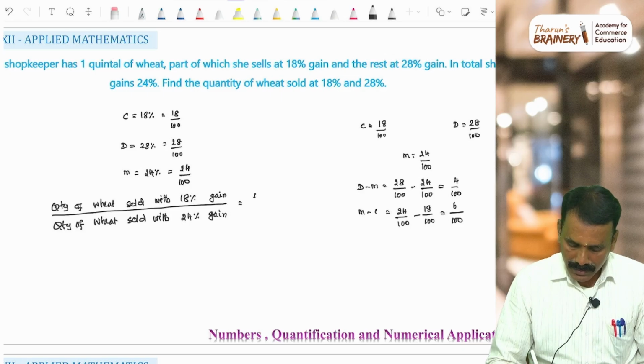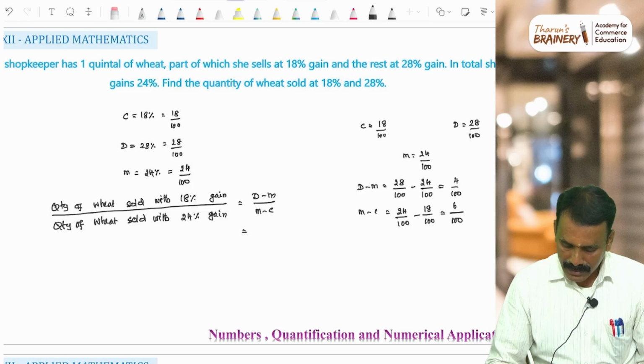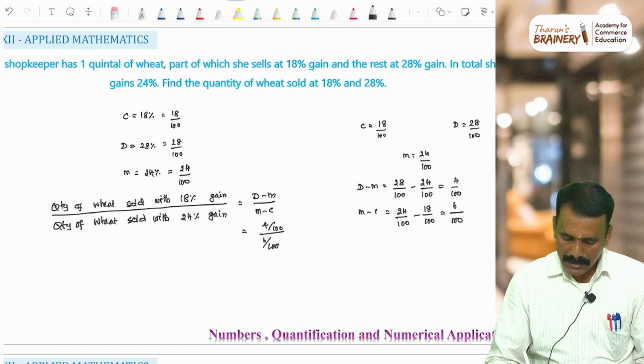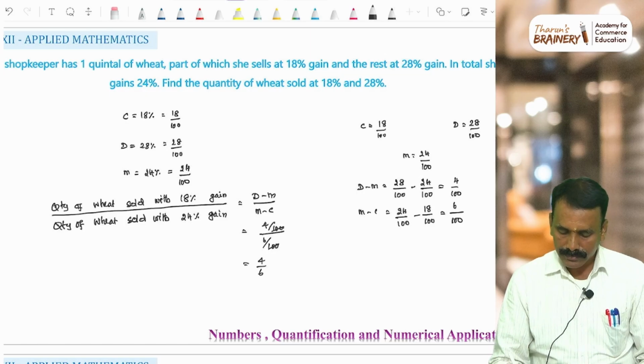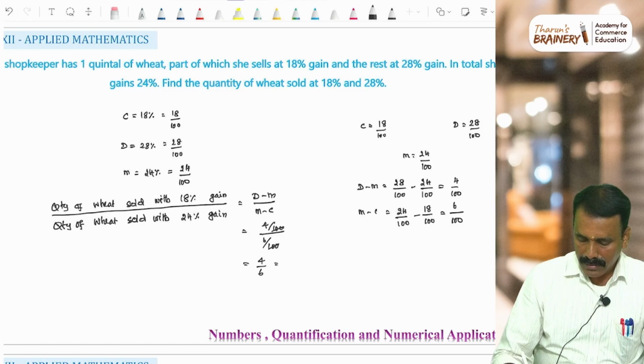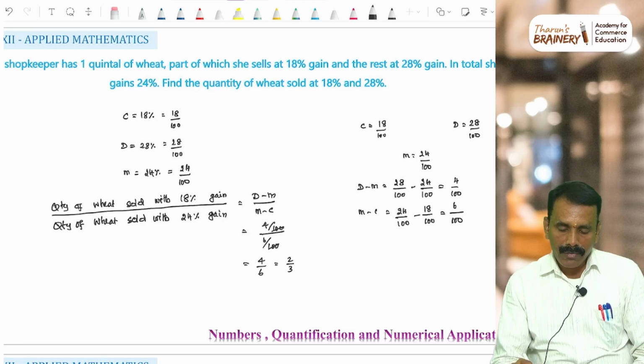It's nothing but D minus M divided by M minus C, that is 4 by 100 by 6 by 100. So 100 cancel. So this is 4 by 6. That is nothing but 2 by 3.